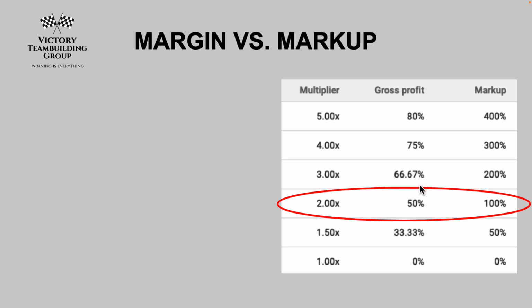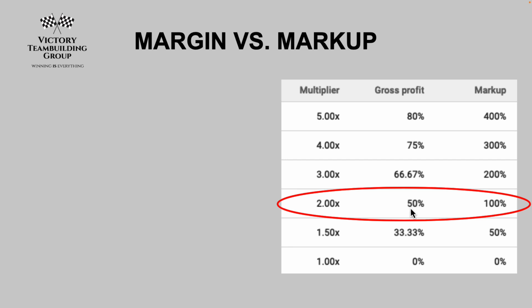And this can be confusing because there's 3 times here, 66% and 200% markup. Here's the breakdown of it. If you have something that costs $100 and you're going to get a 50% gross profit margin on it, that means that half the money is profit.